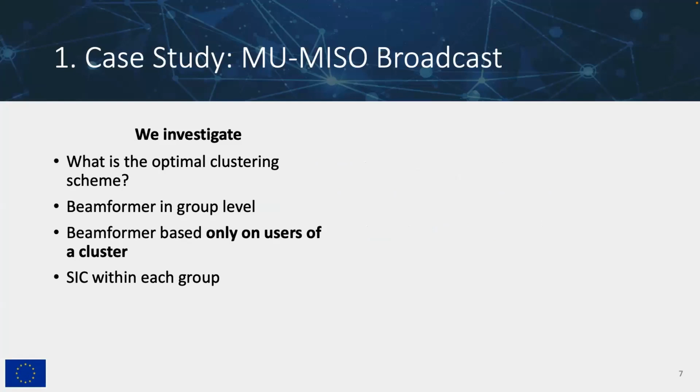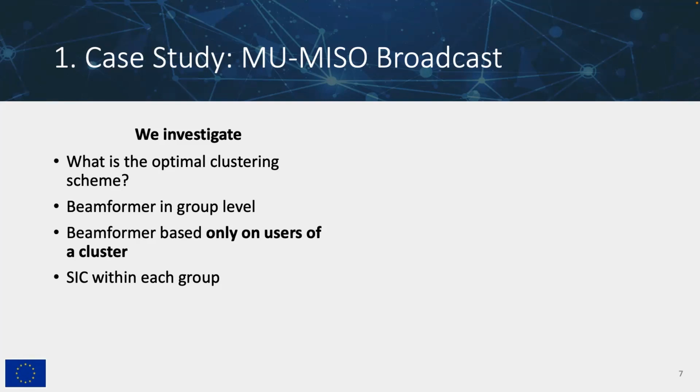The case study we first analyzed, I think 2 years ago, in the beginning of the PhD, is: what is the optimal clustering scheme? Is it better to use the position of the user? Is it better to use the CSI? Is it better to use other features? We went with the CSI because it was good, and the one that we found to work.